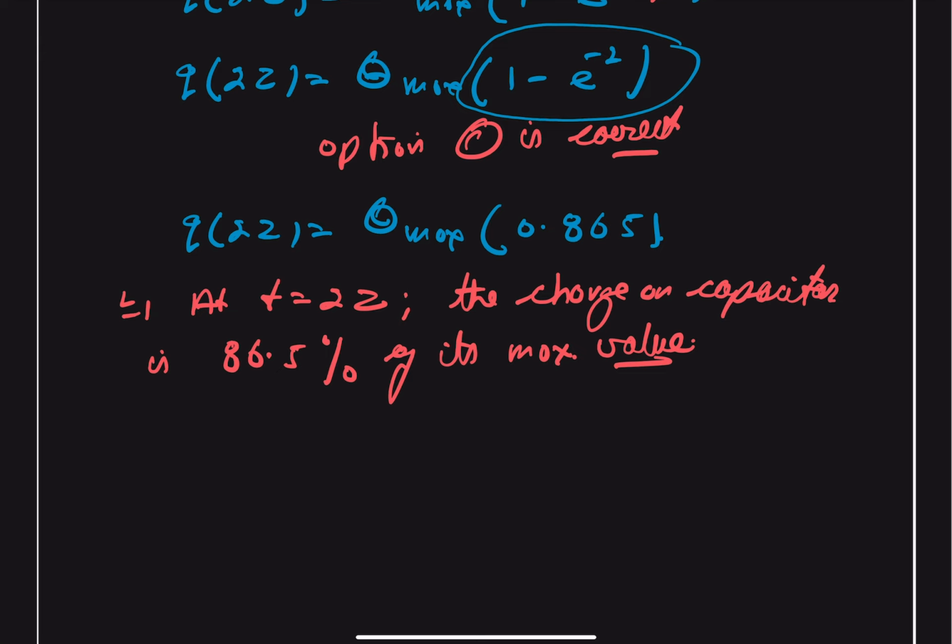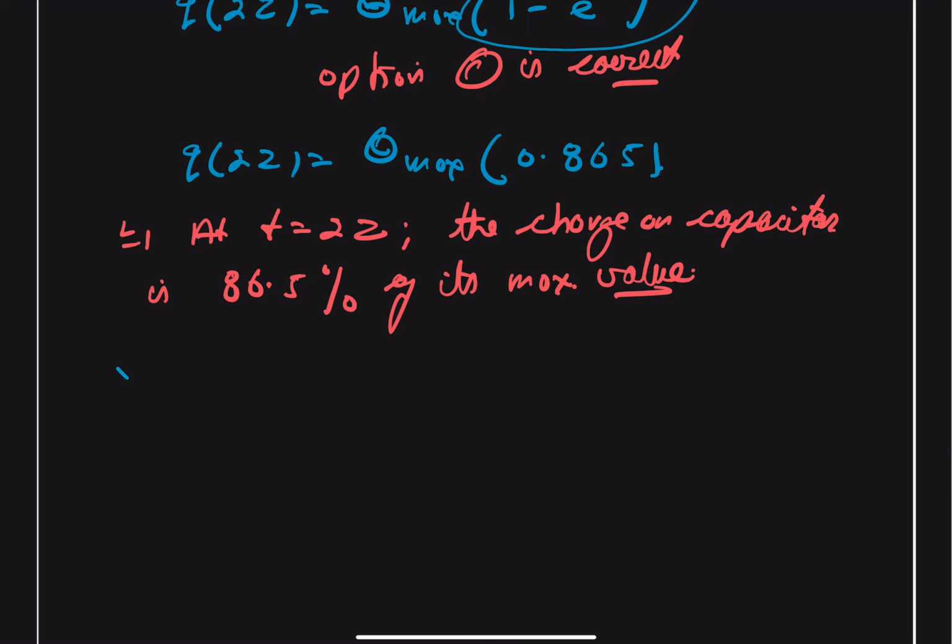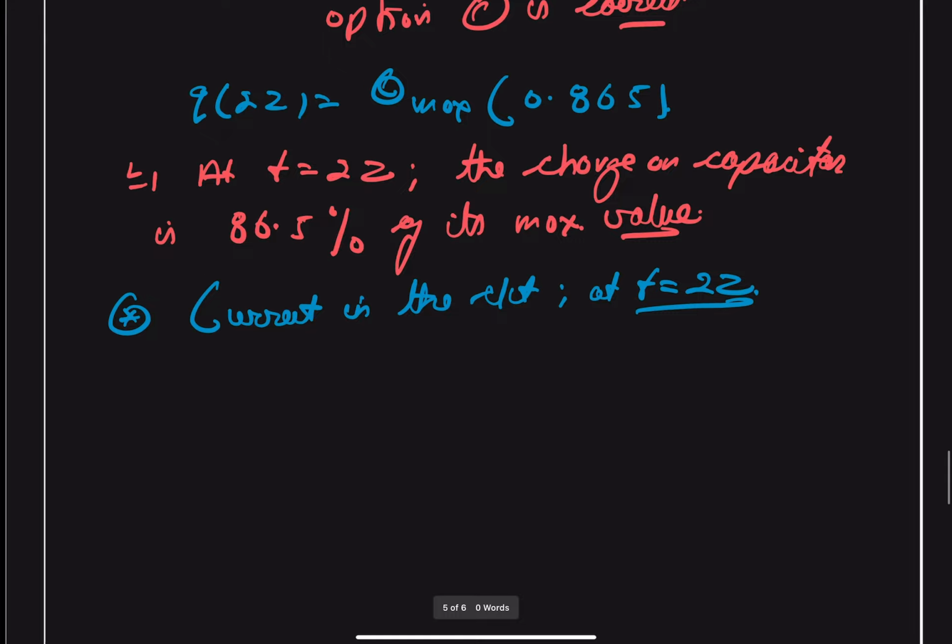And we can also find the current in the circuit at t equal to 2 tau.